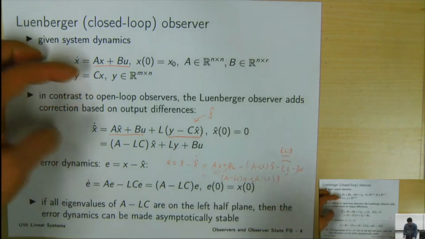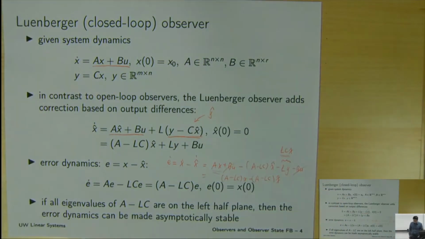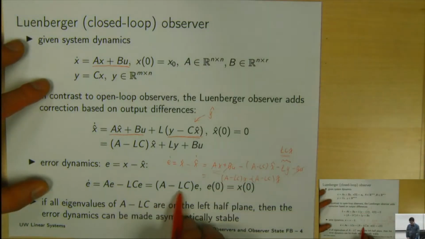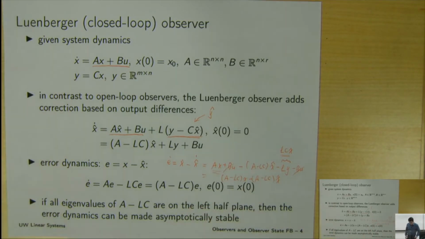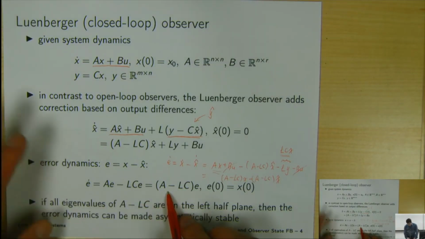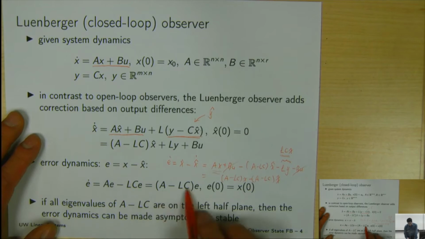All right? It is therefore A minus LC times X minus X hat, which is E. This is the observer eigenvalue. This is how the error of the observer is going to evolve.